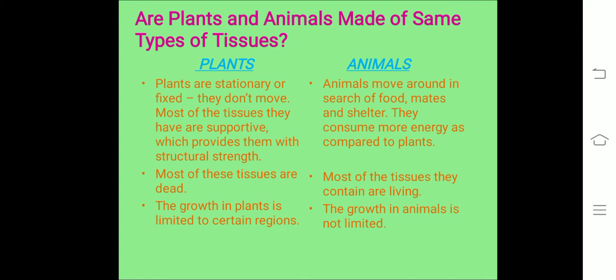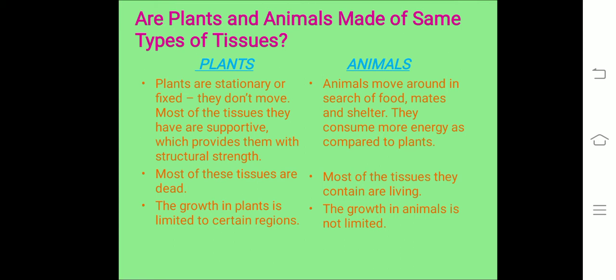In case of animals they move around in search of food, shelter, and mates. So, they consume more energy as compared to plants. In case of plants, most of the tissues are dead, whereas animals contain living tissues.